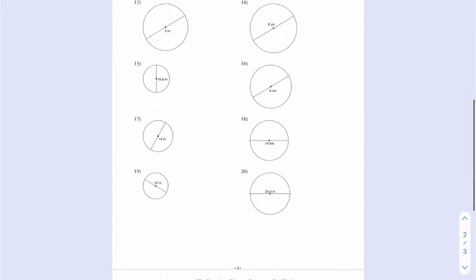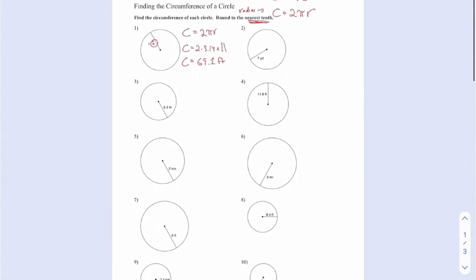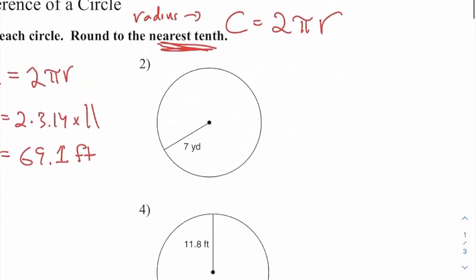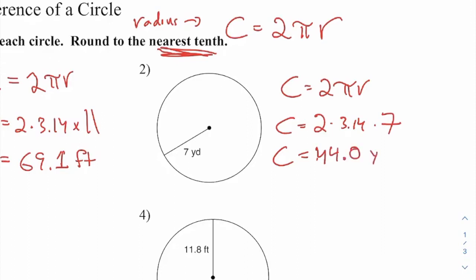Nope. First page radius, second page diameter. So this one, radius again, C equals 2 pi r. C equals 2 times 3.14 times 7 yards. C equals 14 times 3.14 equals 43.96. So I'm going to round that to the nearest tenth, 44.0 yards.